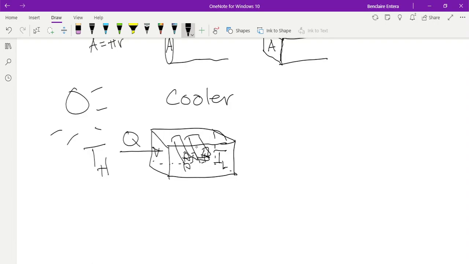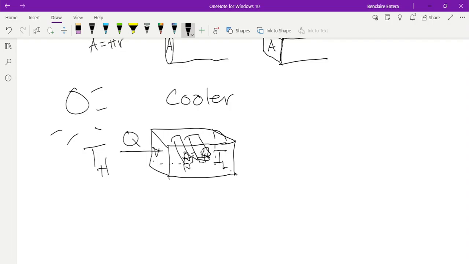So, ang gusto natin, manatiling malamig itong ating drinks dito with the ice. So, kung gagamitin mo ay metal na cooler, mabilis yan mag-transfer ng heat. So, iinit agad itong ating cooler. So, kung iinit siya ulit, heat is transferred to ice to the drink. So, mag-increase ang temperature.